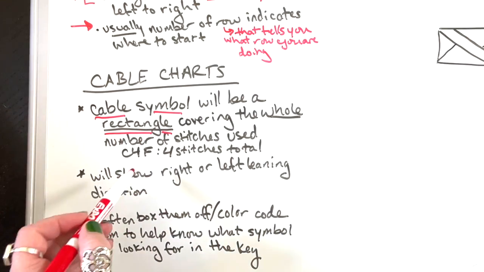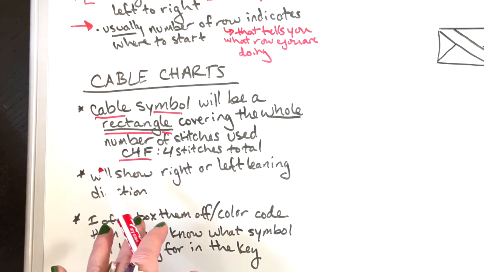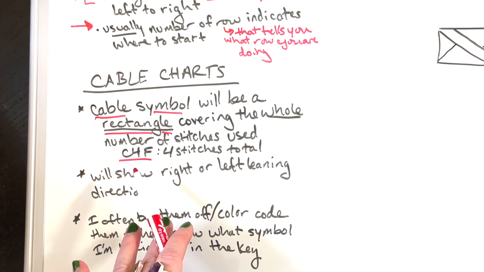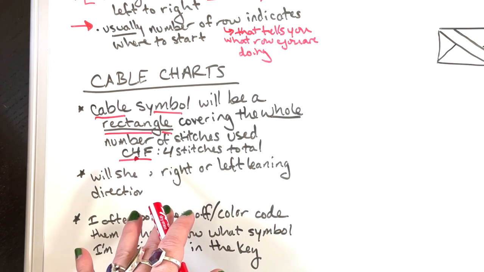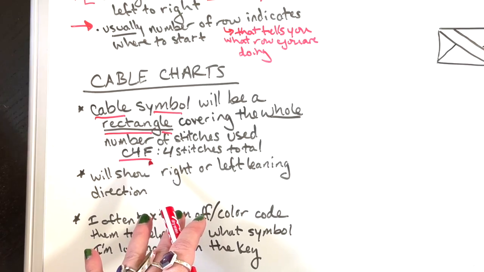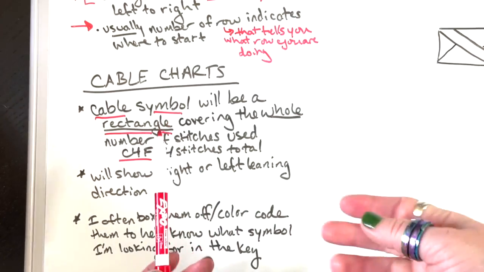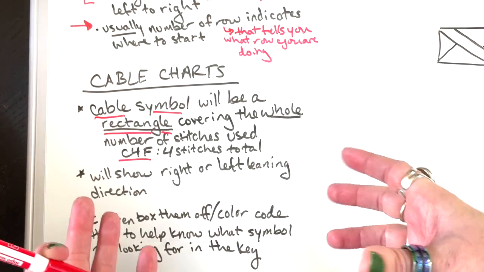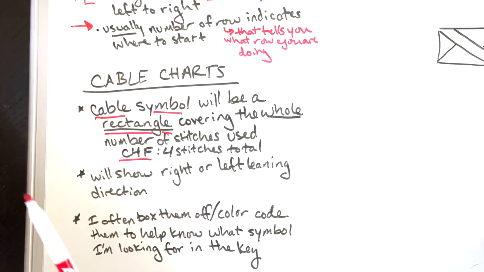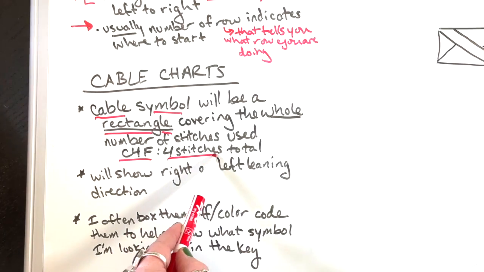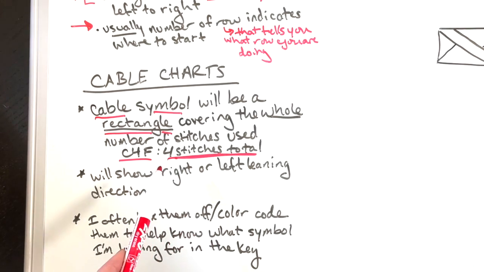So an example I put down, we talked in the last video about a C4F. You have to break that in half to know how many stitches go on the cable and all these other things. But there are 4 stitches total in the cable.